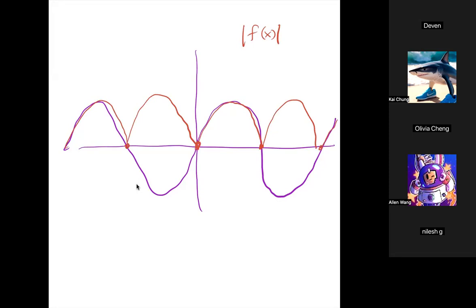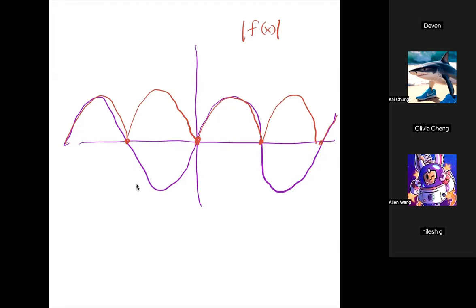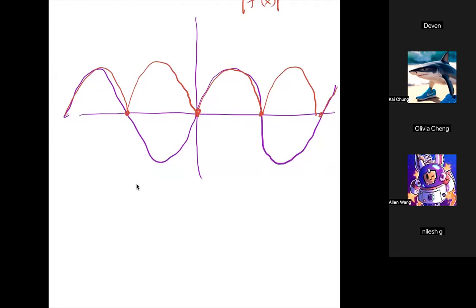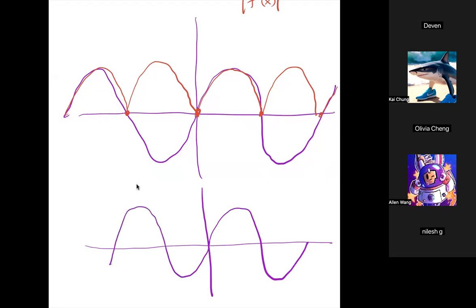And then for the one where it's f of absolute value of x, does that just mean that the entire left side of the graph would be cut off and you'd only have the right side? Not quite, but I agree the left side is cut off. But remember what this means. This means anything on the positive side is not changing at all. So I'm still having all of this.